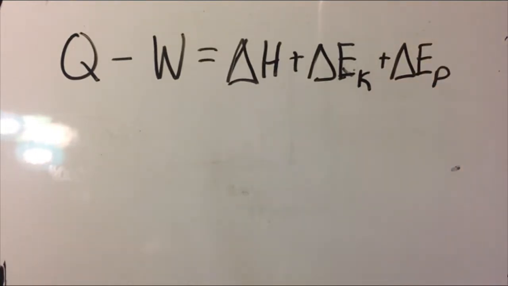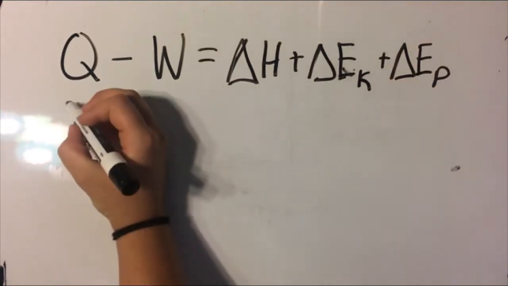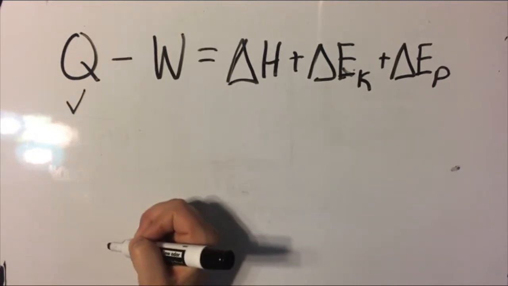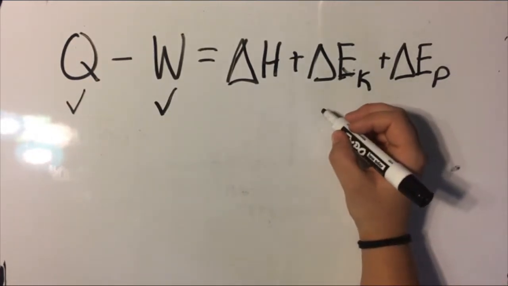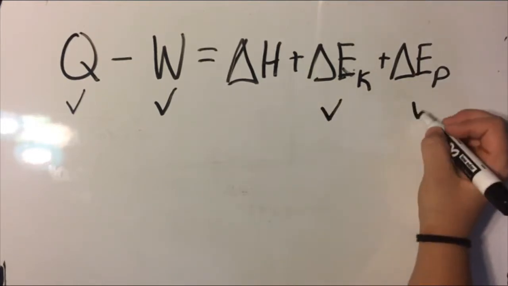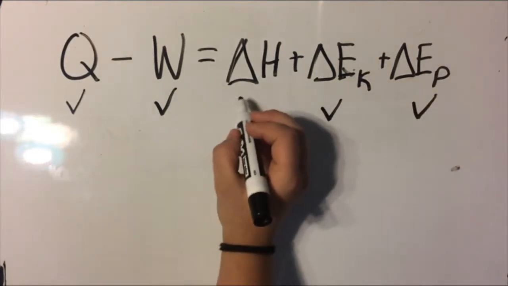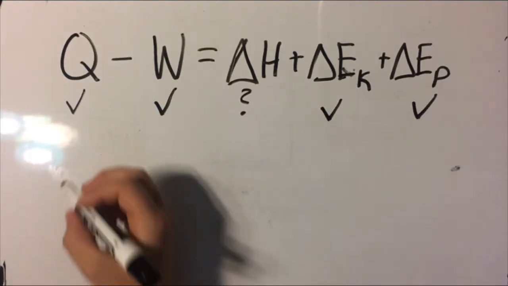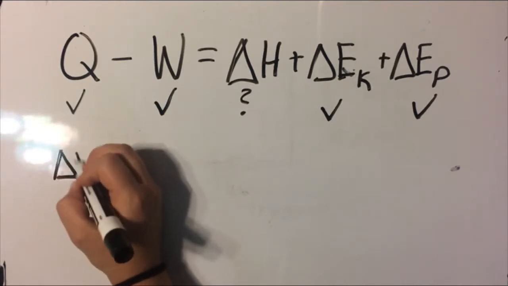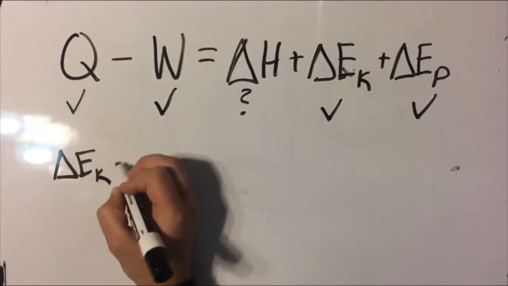From the problem, we are given our heat losses, we are given the amount of work that the turbine produces, and then we're given enough information to calculate our changes in energies. So we have to find our delta H in order to figure out what temperature the steam is at the valve. So let's start by calculating our kinetic energy.